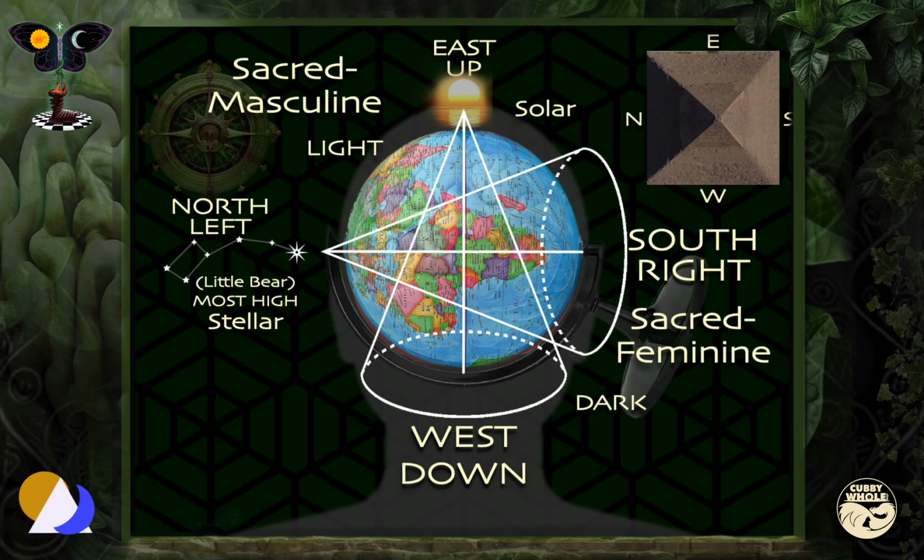North is always associated with darkness, because the pyramids are in the lower northern hemisphere, okay, right above the equator. Okay, they're not below the equator, they're not on the equator, they're above the equator. And they receive the least amount of light on the north face of the Great Pyramid.